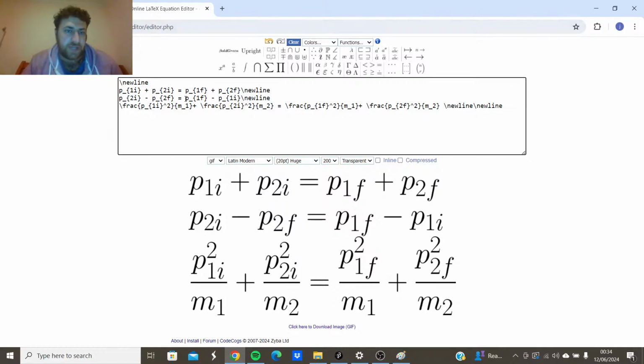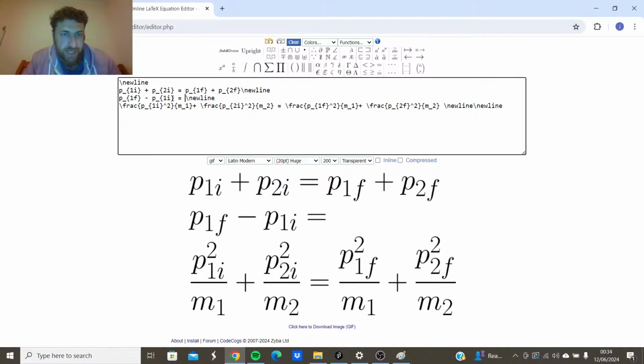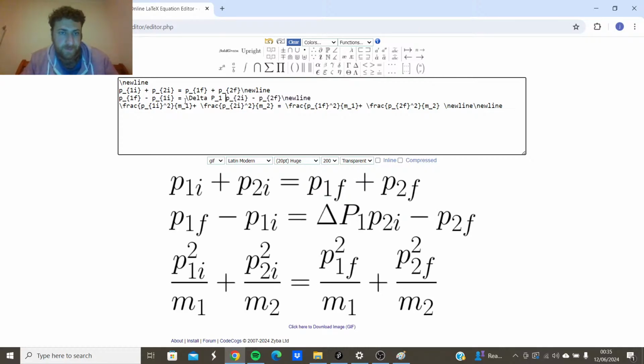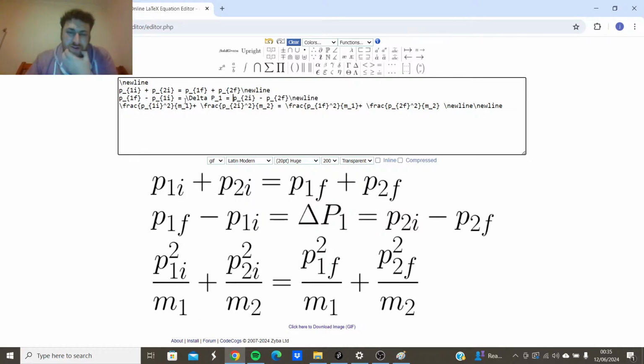Next thing I'm going to do is swap the order of these, so I'm going to put this equation on the left and this one on the right. Notice this is the exact same thing we had before, so this is actually the change in momentum, delta P1. And on the right hand side, we have P2I minus P2F, but that is just the negative of P2F minus P2I.